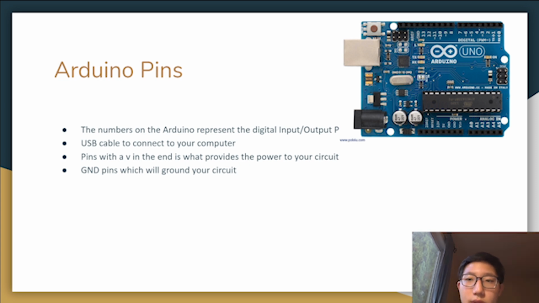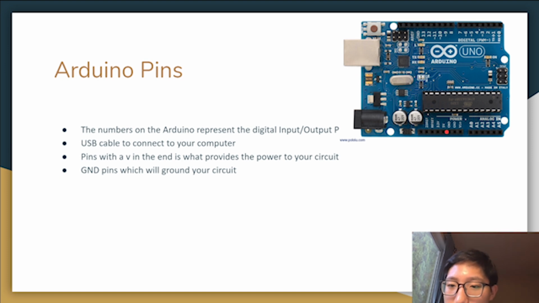Arduino pins. As you see at the top, you see there's numbers 13, 12, 11, 10, 9, 8, 7, 6, 5, 4, 3, 2, 1. These numbers represent the digital input and output pins, where we connect wires to the breadboard. But you guys will understand later on when we do more advanced projects. This is a USB cable that connects to your computer.